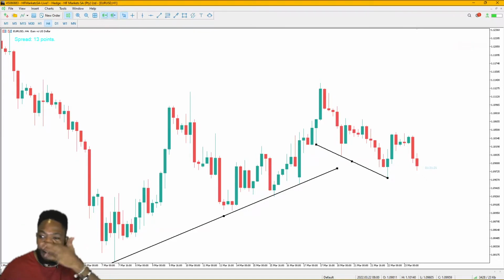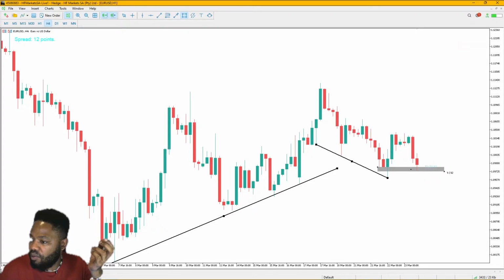Then we're going to draw stage number 2. We're going to draw our resistance zones. Normally I would use a gray one for the support and resistance zones. This is a key area because we can see, moving to the left, it has been respected multiple times.